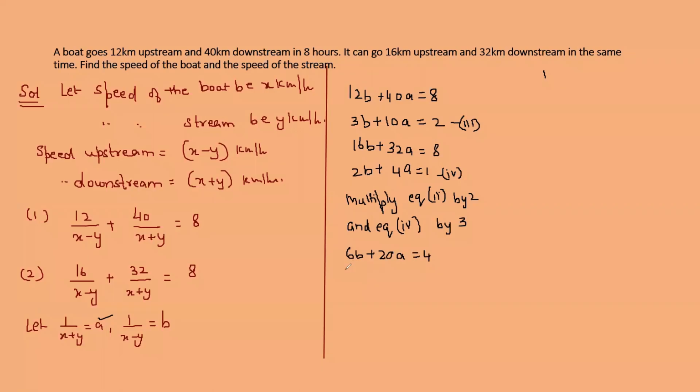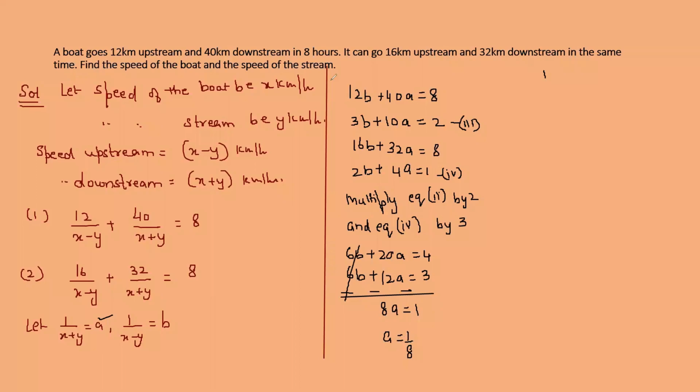And the fourth equation becomes 6b plus 12a equals 3. And you simplify the two equations. You get 8a equals 1, a equals 1 by 8.